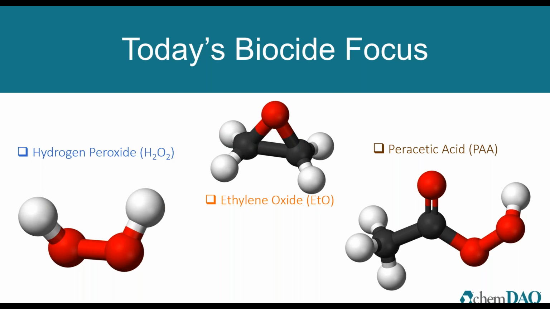Just to tell you a little about each one, hydrogen peroxide: most people are familiar with it because everybody's got that brown bottle at their house. That brown bottle is only a 3% concentration of hydrogen peroxide. The concentrations we're dealing with in other industries are anywhere from 30% to 90%.